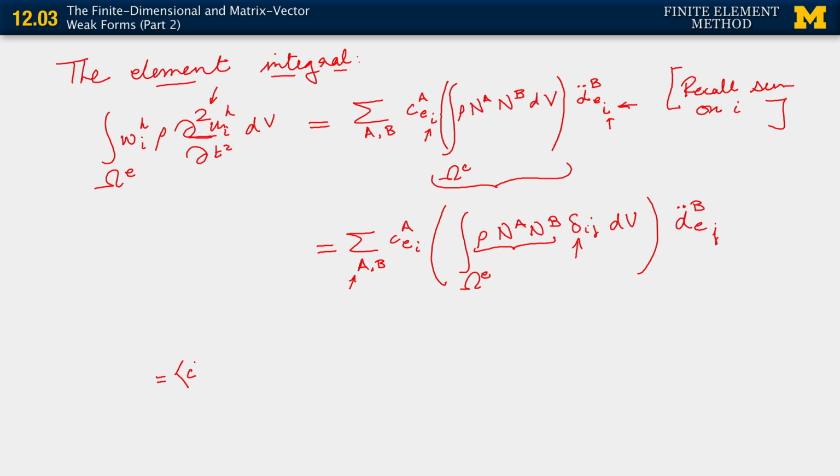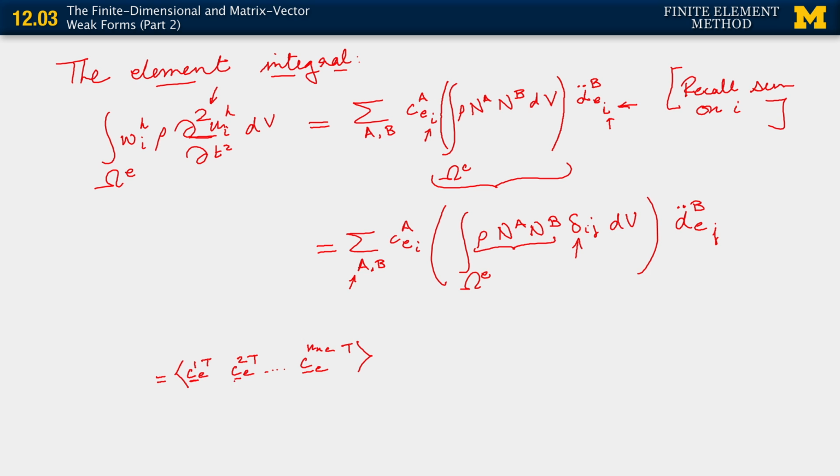C1E transpose, C2E transpose, so on up to C number of nodes in the element E transpose.